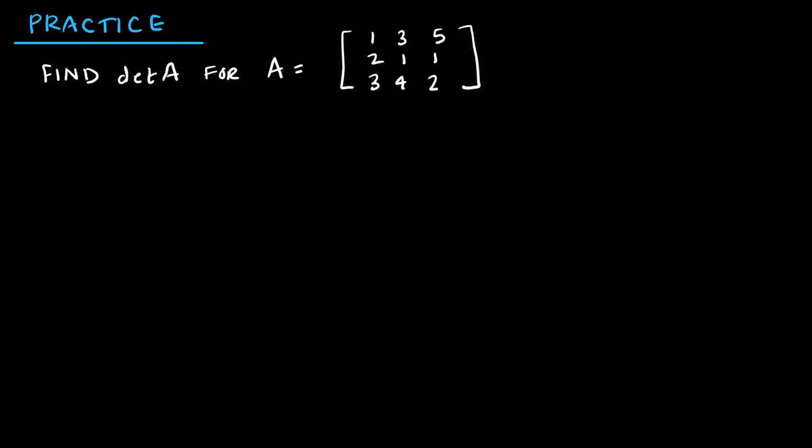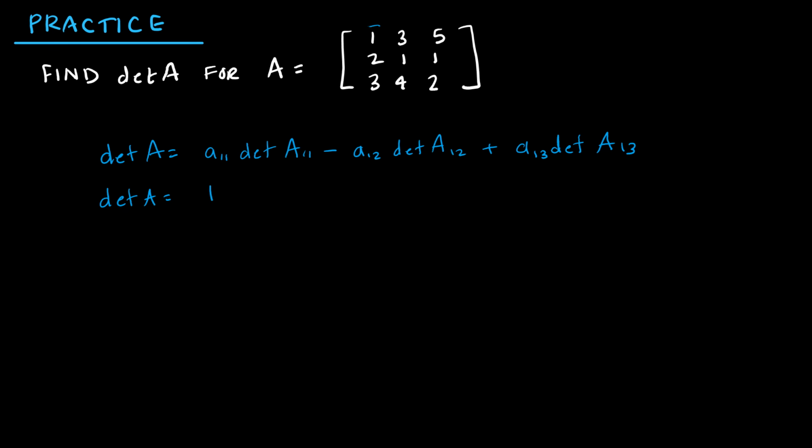All right, so again, to find the determinant of A, I'm going to start by taking A11 and then determinant of A11, minus A12 determinant of A12, plus A13 determinant A13. So that tells me 1, which is the A11 entry.